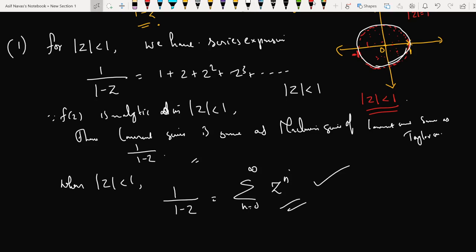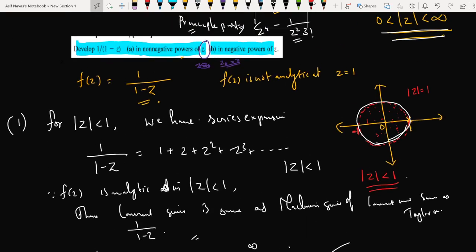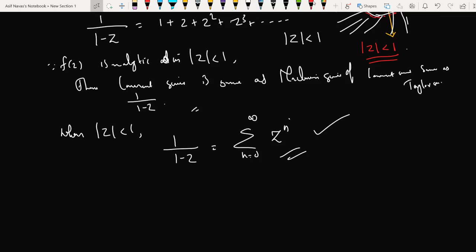Okay. So now we will consider the region outside this circle. Second part. So now our annular region is, for the second part, 1 less than mod z less than infinity.